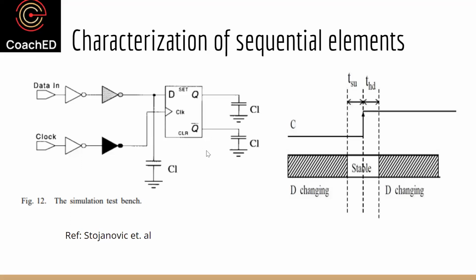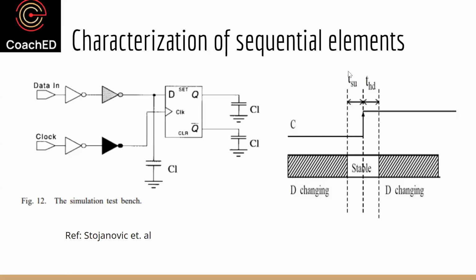So here in this simulation, let's say I want to see what this stable window should be. The stable window, if you remember, one side of it, for a new data, is called setup time. And for an old data, how long I need to hold an old data, that's called the hold time, T hold.